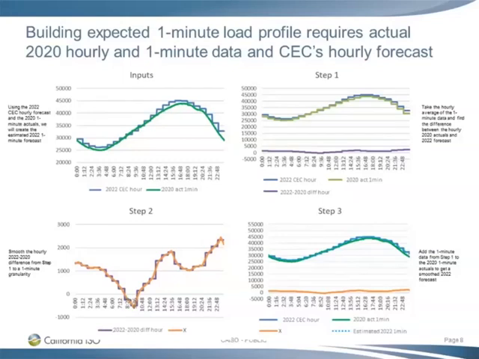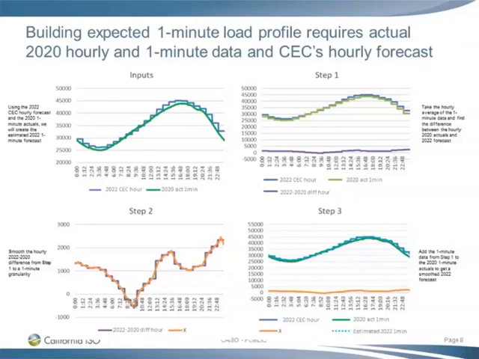So we overlay this. What we do is we convert the minute-by-minute data into an hourly average to overlay that with the CEC hourly forecast, which is step 1 on the right. Because the scale is up to 50,000, it's really hard to see.